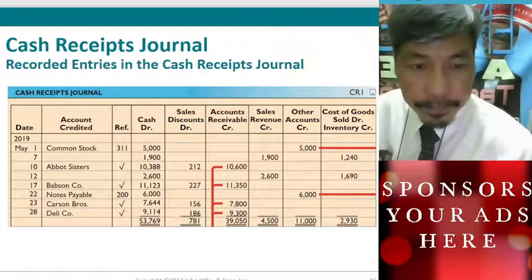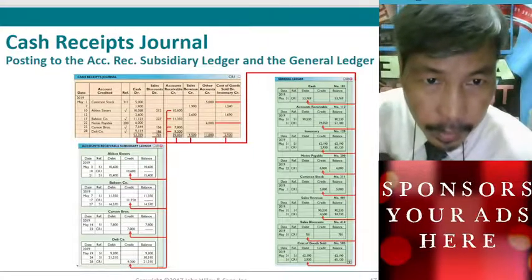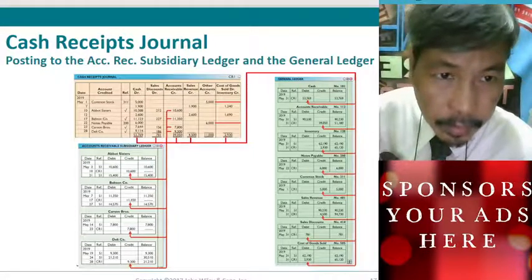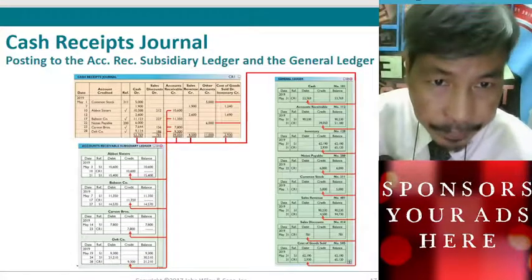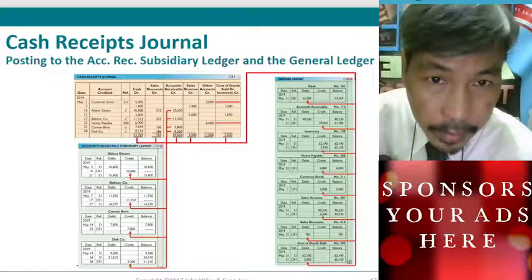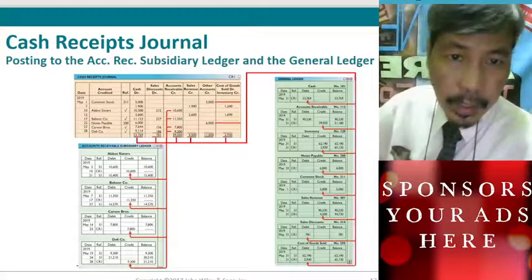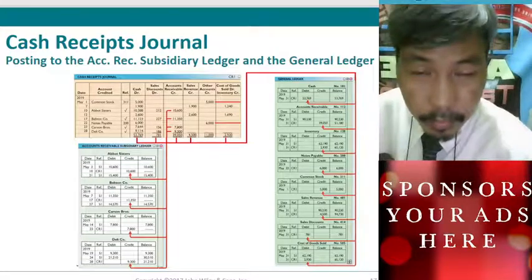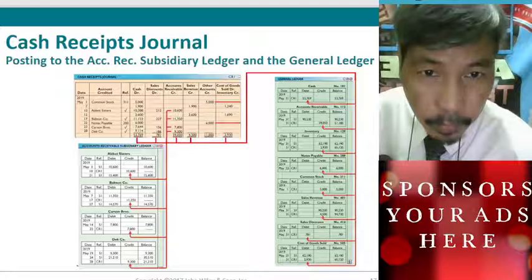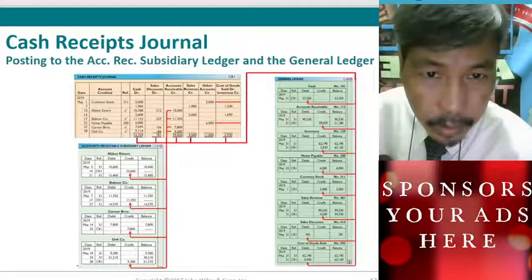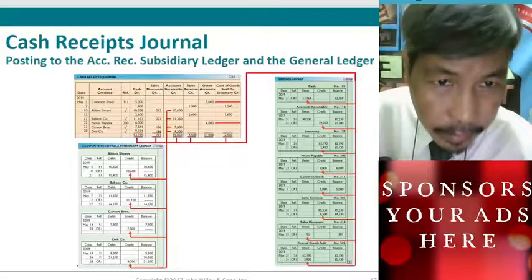Similarly, for cash, where are they going? To the general ledger, from the cash receipts journal. It is very easy to monitor the cash receipts journal, then going to the subsidiary ledger and to the general ledger.